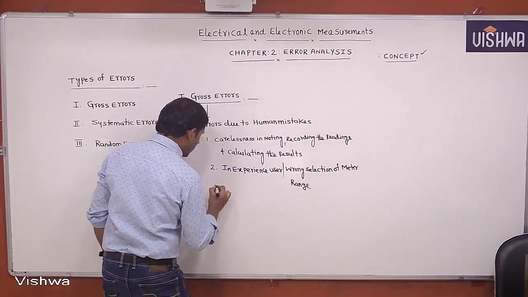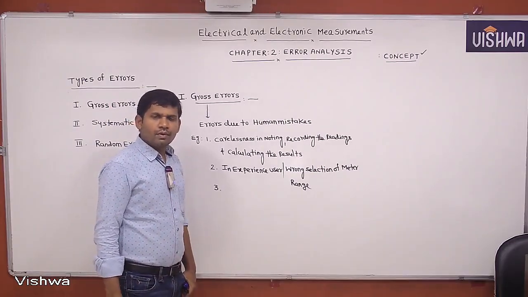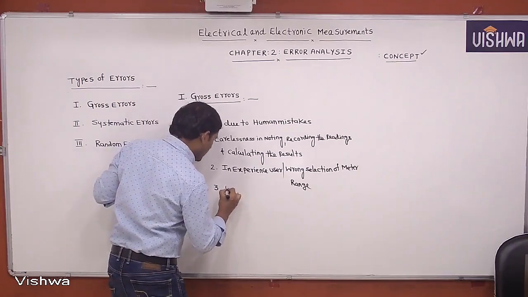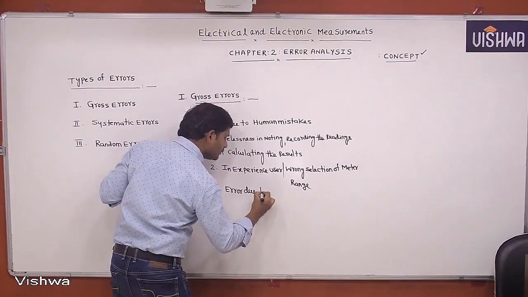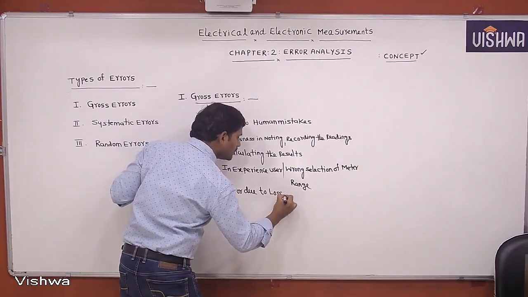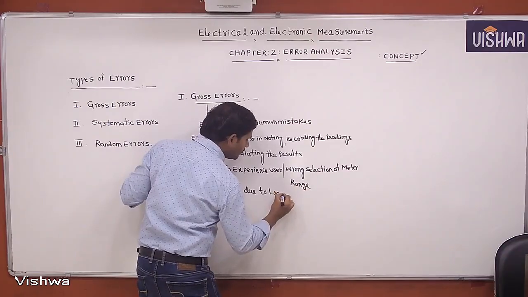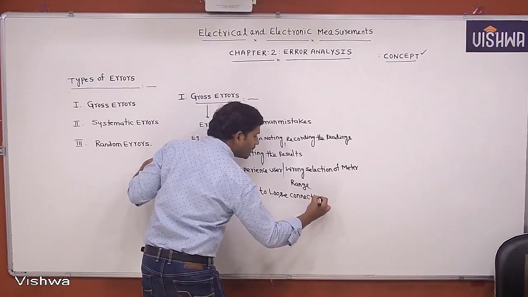Next, one more example is error due to loose connections. This also comes under gross error.